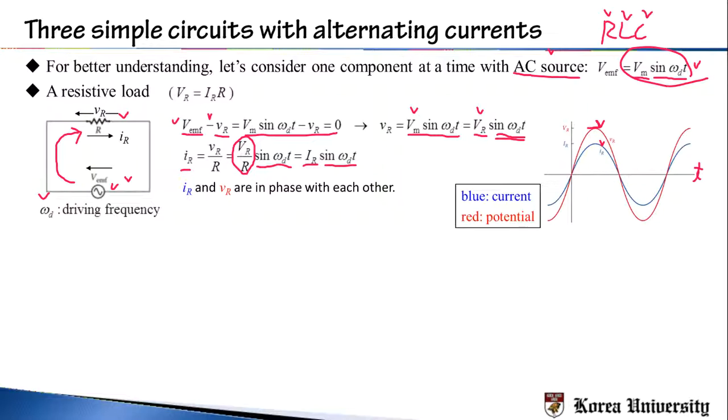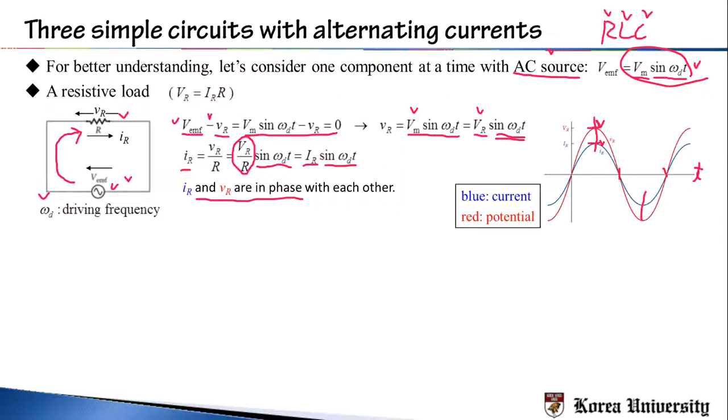And of course they have different amplitudes because the current and potential are not the same as each other, but they exactly follow each other. So when one is maximum, the other is also maximum, and when one becomes 0, the other is also 0, and they are exactly moving together, right? So therefore we can say in the resistor the current and potential are in phase with each other.